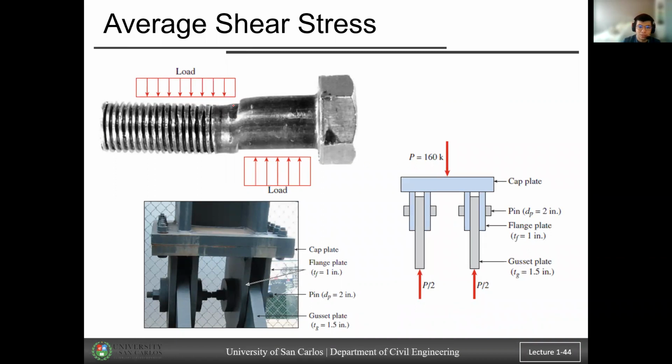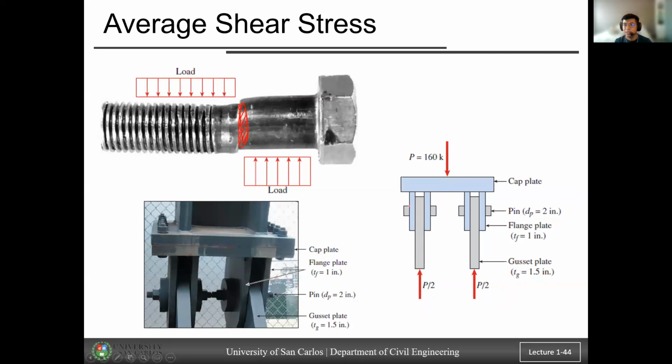So notice that it is in shear, right? The failure of the stress here is on this core portion. So this will be the area when you try to calculate your shear stress.